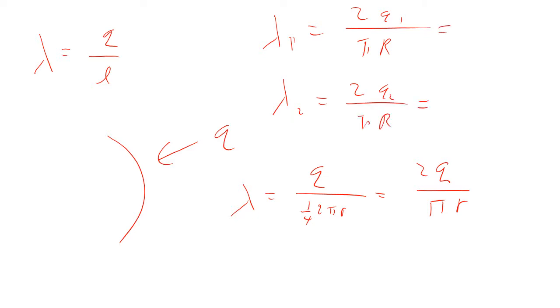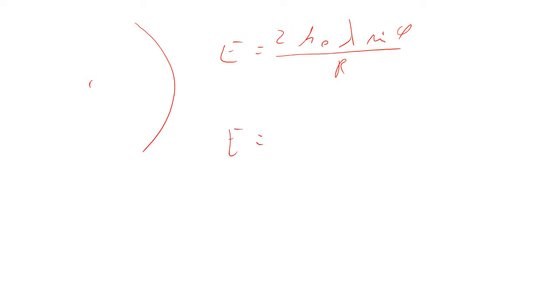If I plug in the numbers right there, that's going to give us those lambdas. But I don't really need that, because I know what we've got right there. We know that for an arc, E equals 2 k sub e lambda sine phi over r.